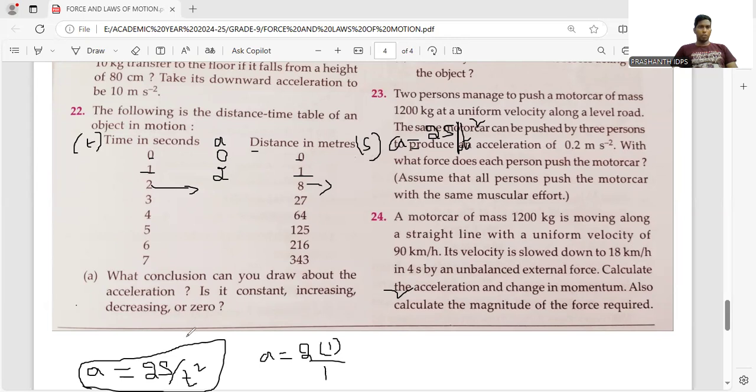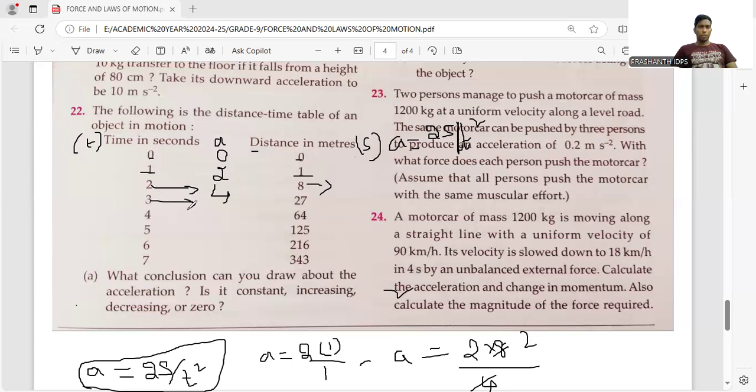Substitute these values in the formula. So a is equal to 2 into, what is distance? Distance is given 8. 2 into 8 divided by t square. What is t? 2. 2 square, 4. So 4 ones are 4, 4 twos are 8. So you'll be getting 4.